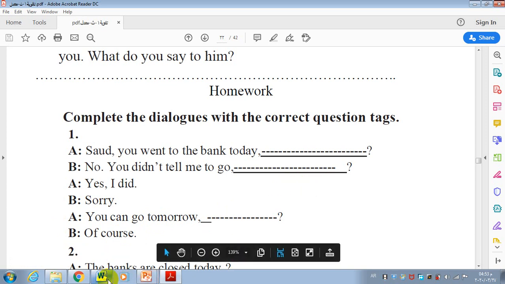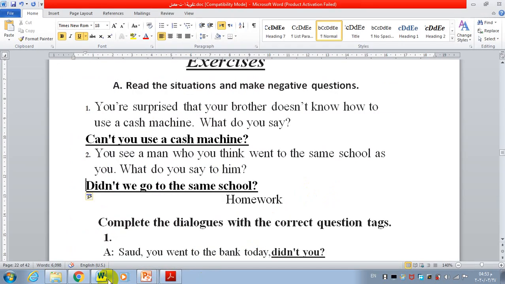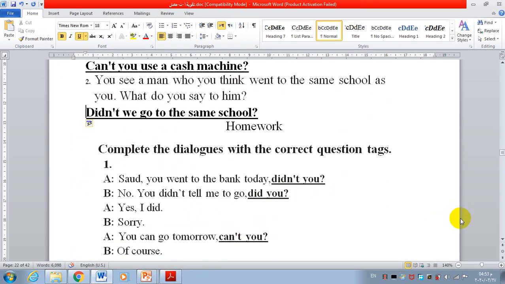Okay, good, my dear students. In the first sentence, we use didn't you. Why? Because the main verb here, went, is in the past and it is affirmative. So we use the question tag in the negative, followed by the subject pronoun you. In the second one, we use did you. But why do we use did you?